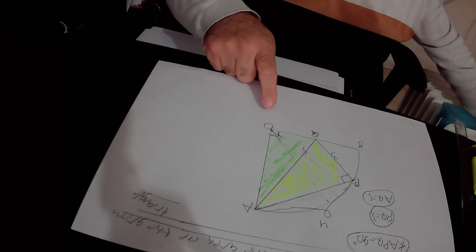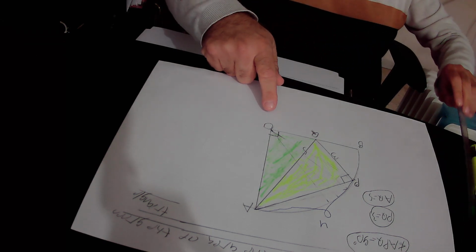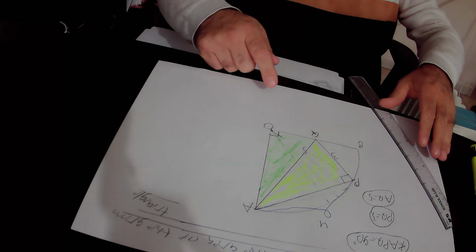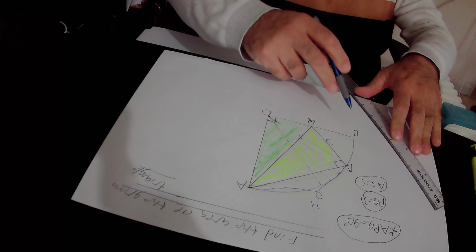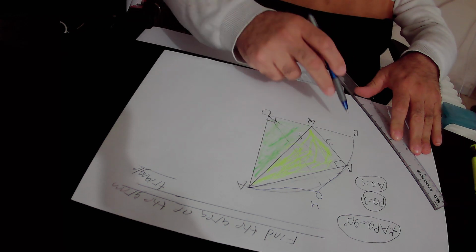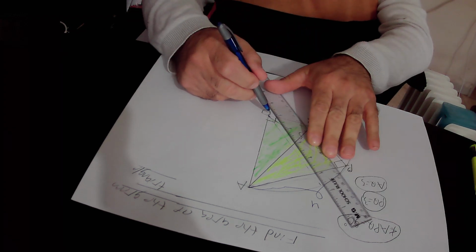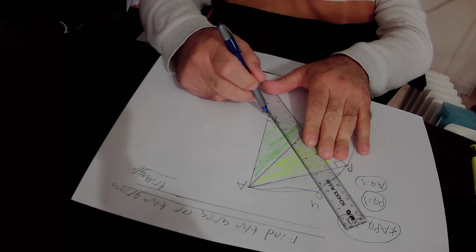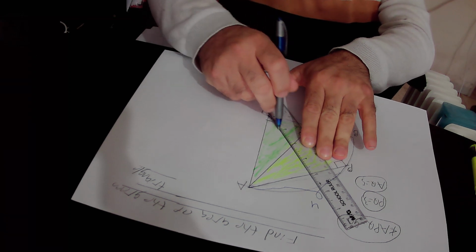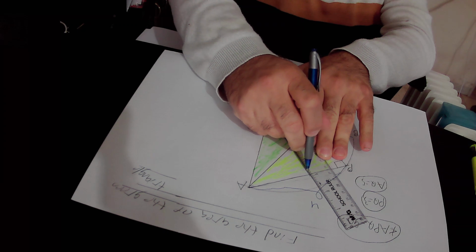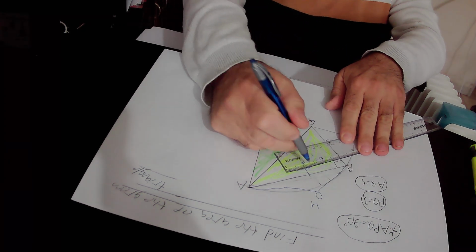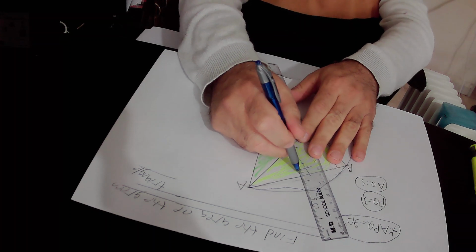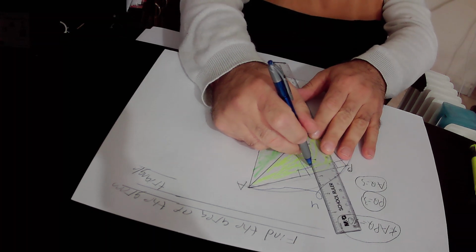From point O, that is the center of the circle, we will draw a perpendicular to chord PA. This angle equals 90 degrees and this angle equals 90 degrees according to our construction.